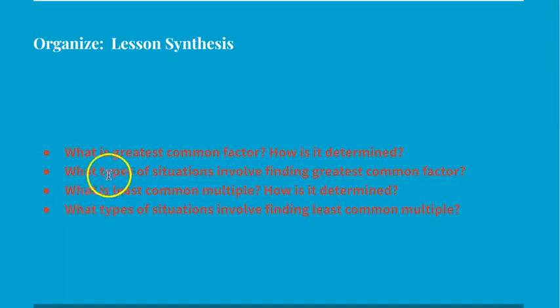All right, let's wrap up here. So greatest common factor, what is that? Yeah, remember that is something that two numbers have in common that can divide into both of them equally. In other words, when you divide it in, you get a whole number as a quotient. What type of situations did we find with the greatest common factor?